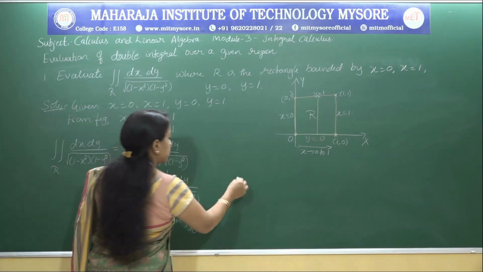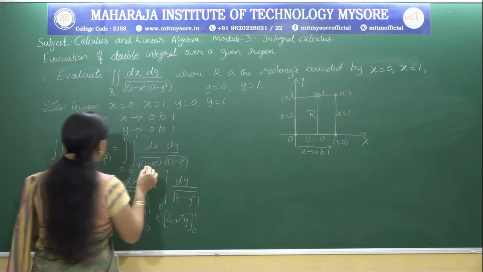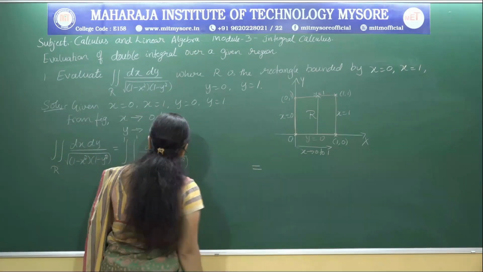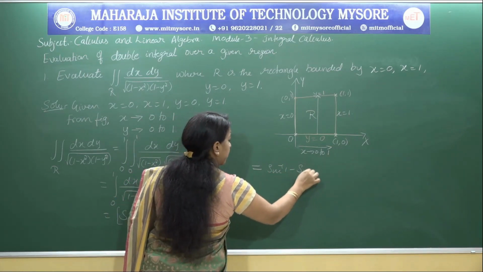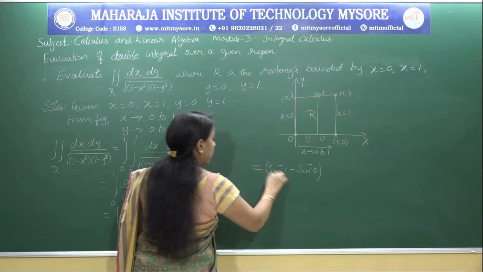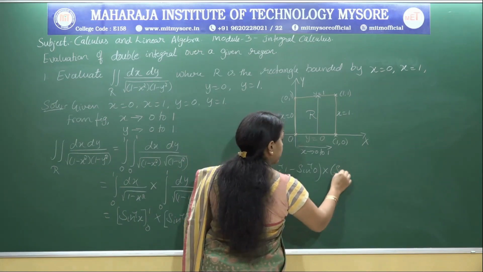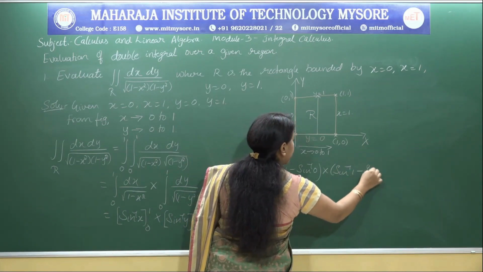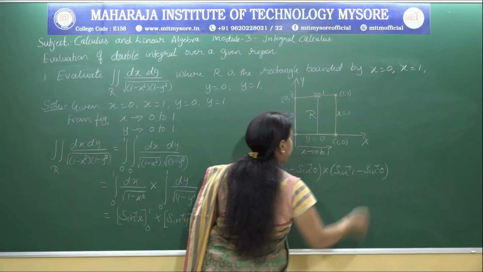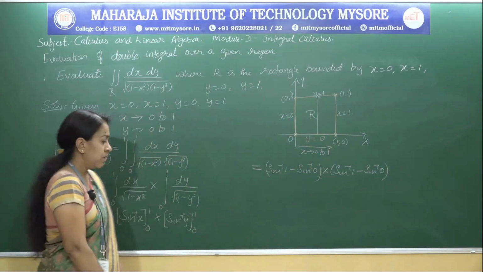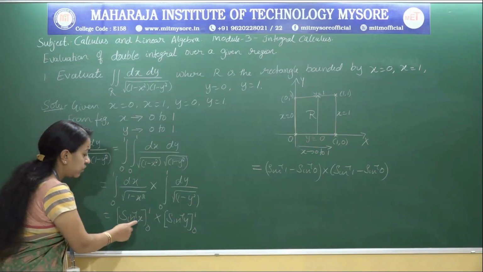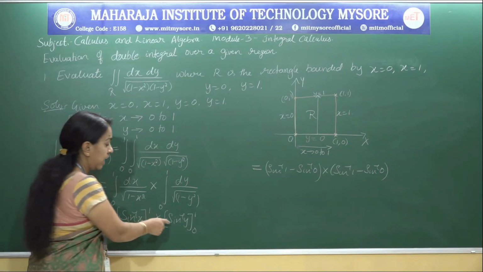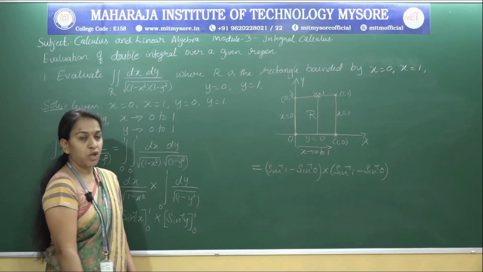Therefore the given integral reduces to sin inverse of 1 minus sin inverse 0 into sin inverse 1 upper limit minus sin inverse 0. If I apply the upper and lower limit, we know the upper limit is 1, lower limit is 0. So sin inverse 1 minus sin inverse 0, again sin inverse 1 minus sin inverse 0.